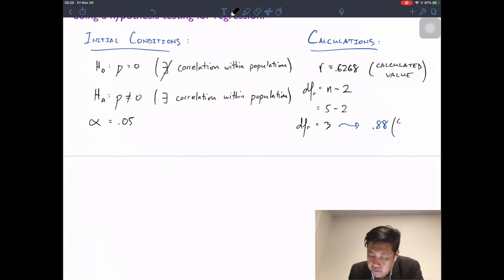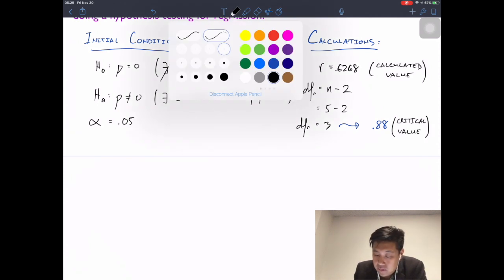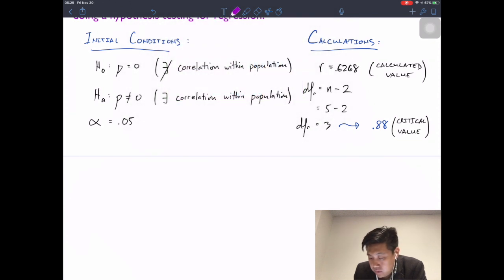And again, you'll hear me informally call it your table value, your lookup value, something you have to do that doesn't involve calculation. So basically, we're going to be comparing this one and this one here. Okay? And again, the calculations are not heavy in this hypothesis testing portion because you've already done it in the previous parts.